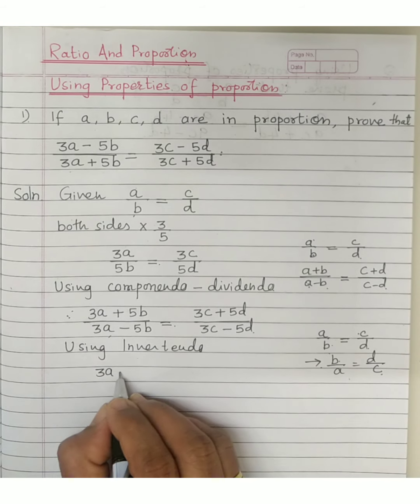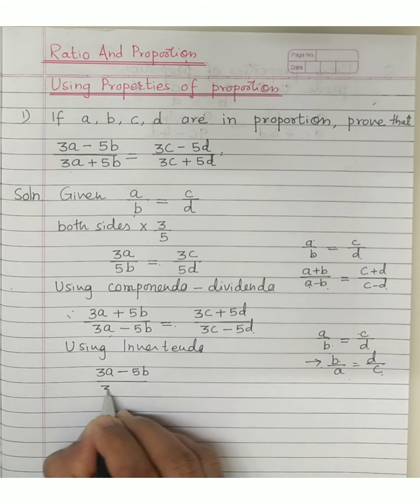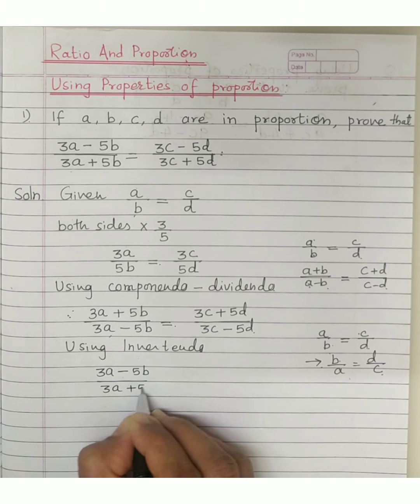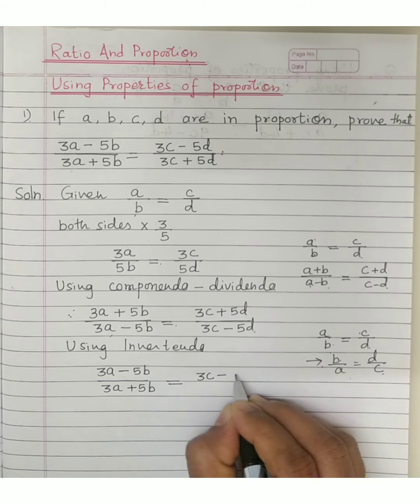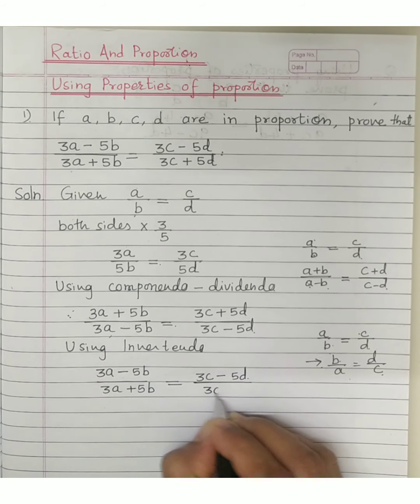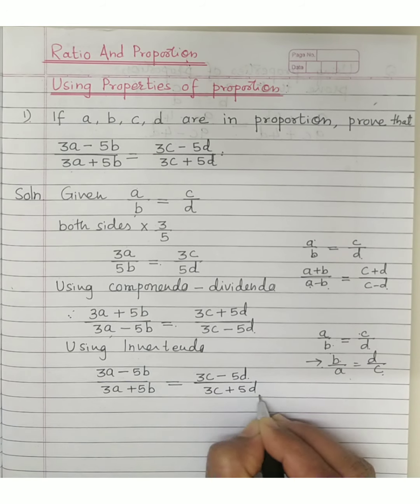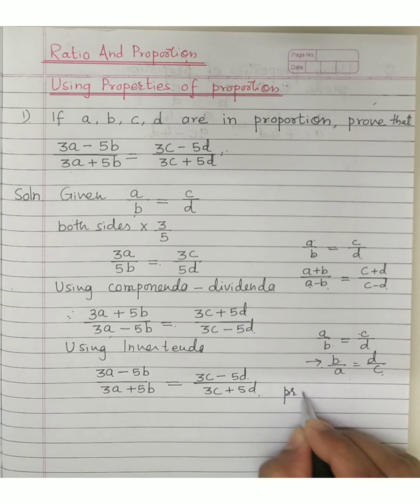So inverting this will give you (3A minus 5B) upon (3A plus 5B) equals (3C minus 5D) upon (3C plus 5D). So this is what you wanted to prove and hence it is proved.